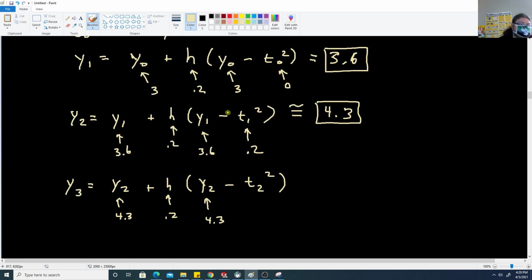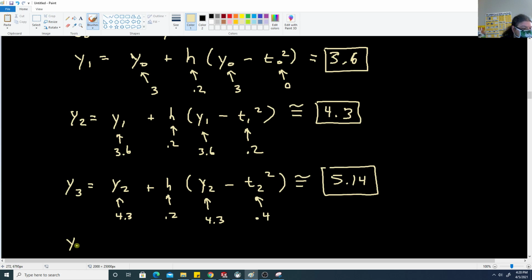When we were looking at y2, the previous time was 0.2 because we had only taken 1 step. Here we've taken 2 steps, so t2 would be 0.4. It's 2 time steps down. So if we type that into our calculator, that'll be about equal to 5.14.